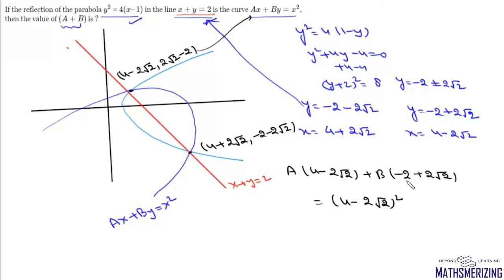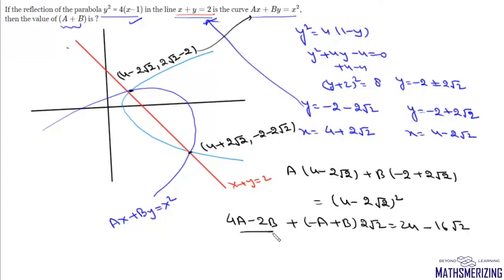So we can write this as (4a minus 2b) plus (minus a plus b) times 2 root 2, and it will be equal to, now this is 16 plus 8, so it will be 24 and then minus 16 root 2.